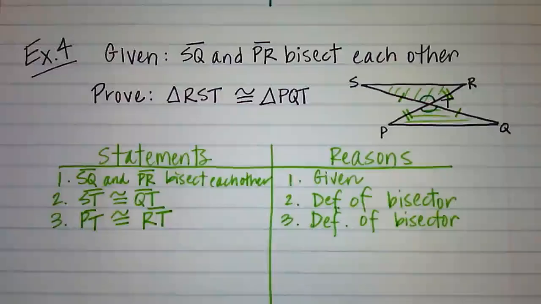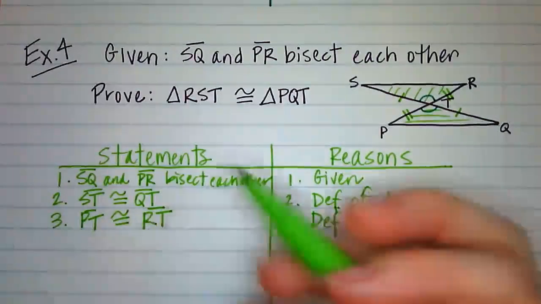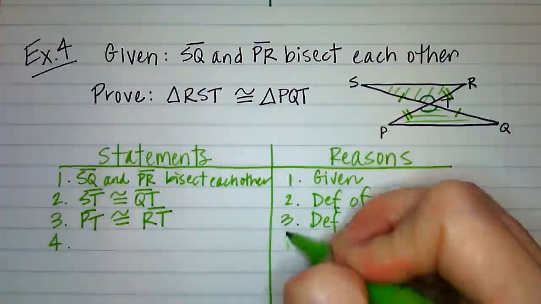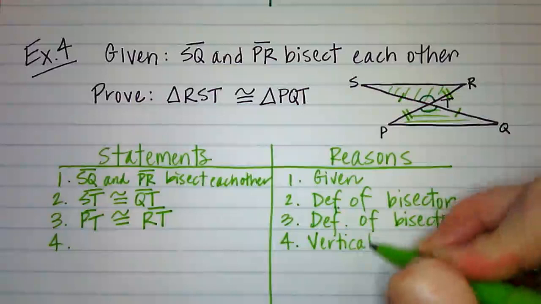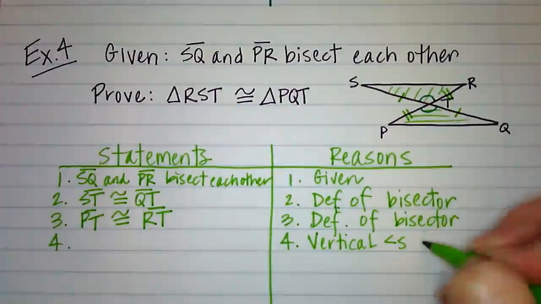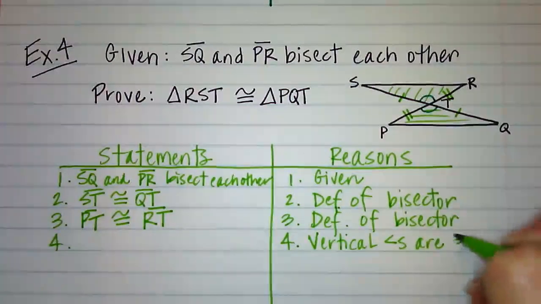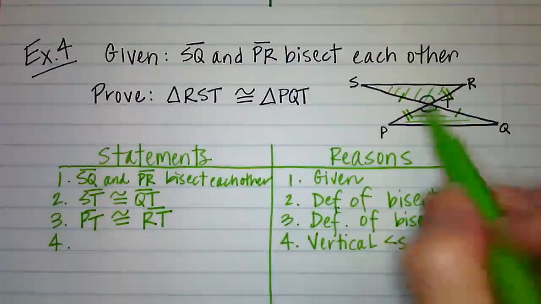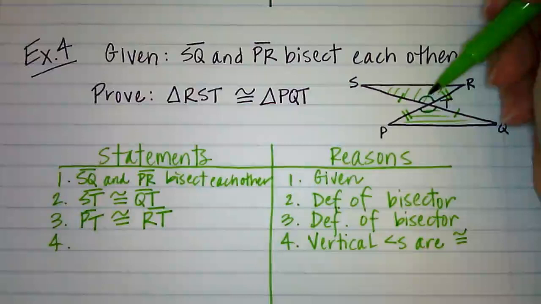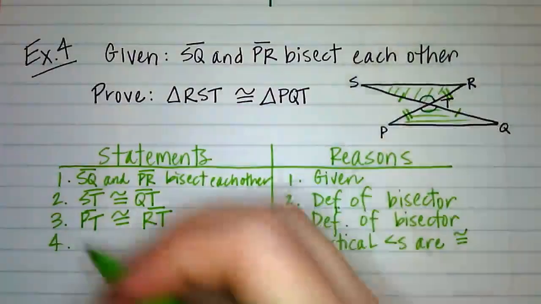All right. Now, that gives us our 2 sides. We said that since vertical angles are congruent, which is our reason, we know that this angle is congruent to that one. Well, this angle up here, we'll call it STR.